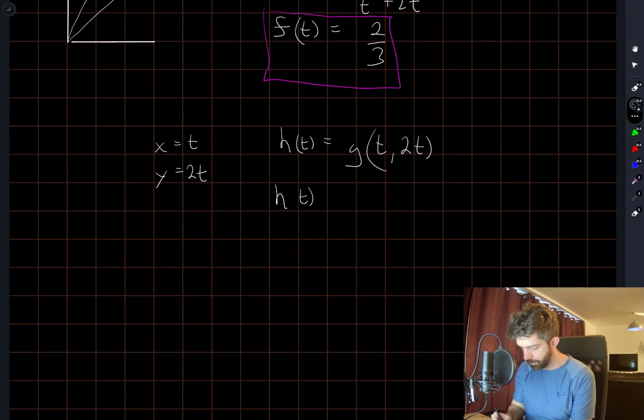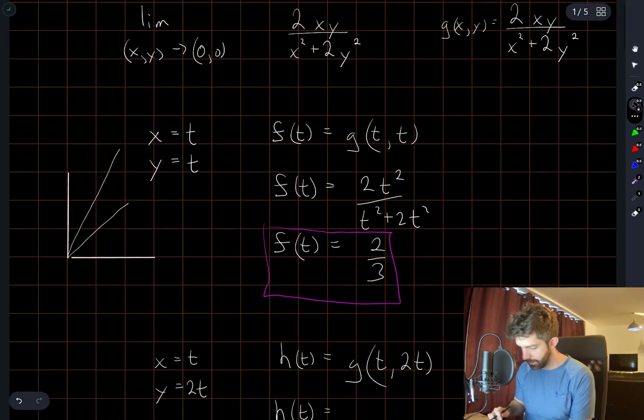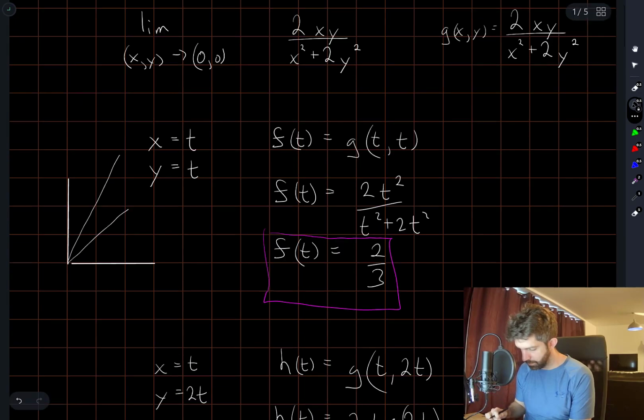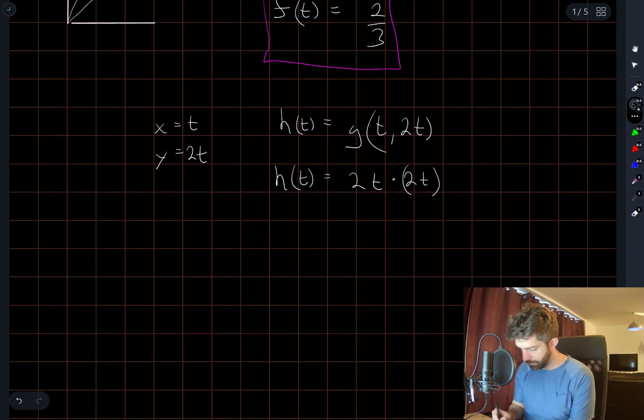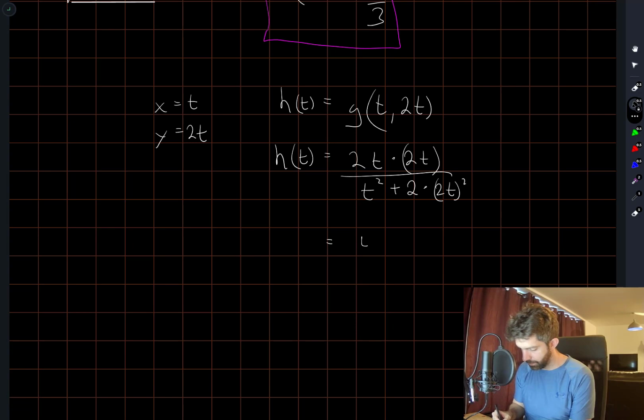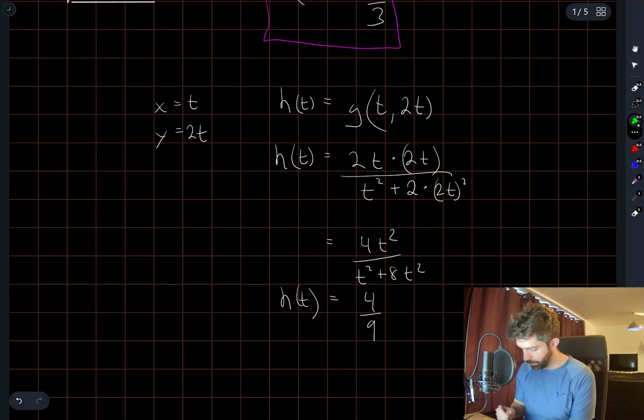Okay, so h of t is equal to 2t times 2t, divided by t squared plus 2 times 2t squared. So what do we have here? 4t squared divided by t squared plus 8t squared. So this is 4 over 9. Which is different from f of t.